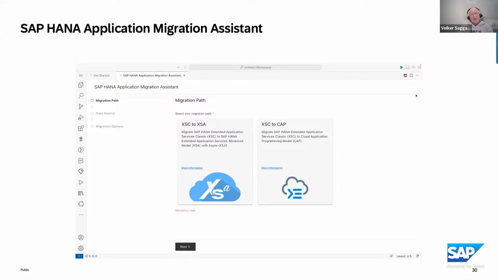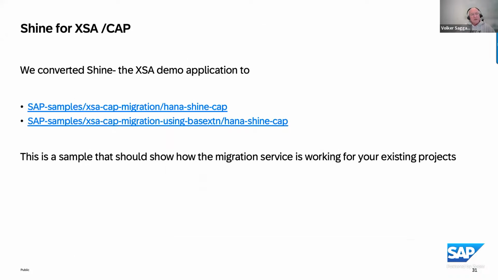So all these three will allow you to bring your database content from an on-premise environment to the HANA Cloud environment, if you want, just an option. There are also some samples for the old SHINE project, which we have migrated. If you want to take a first look, they are publicly available.